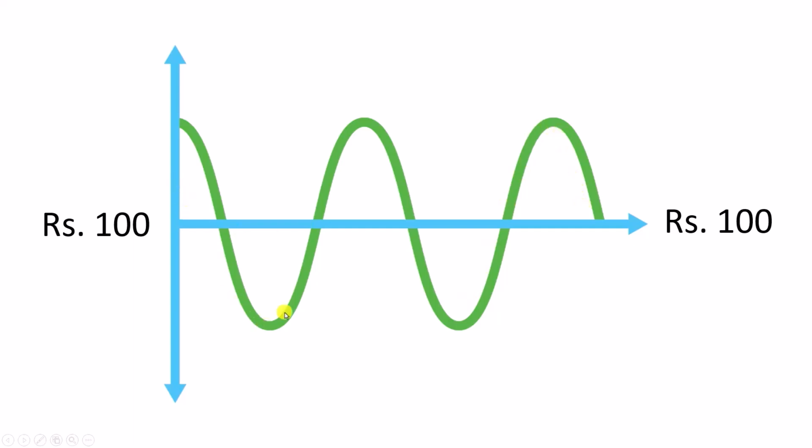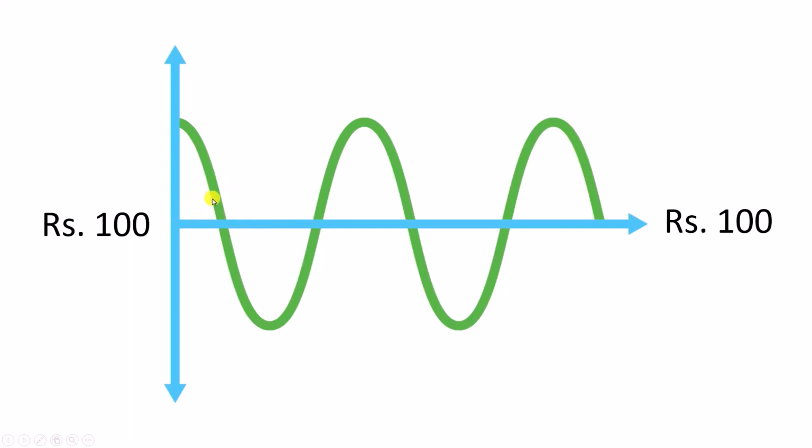But if it goes up too much and comes down too much, quickly, then we call that stock volatile.